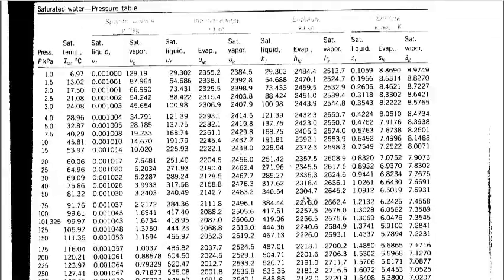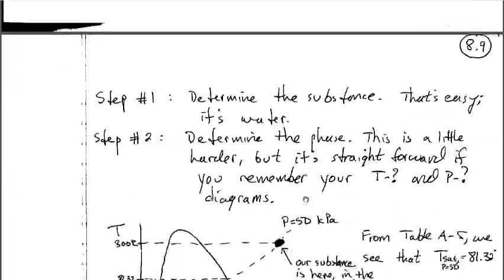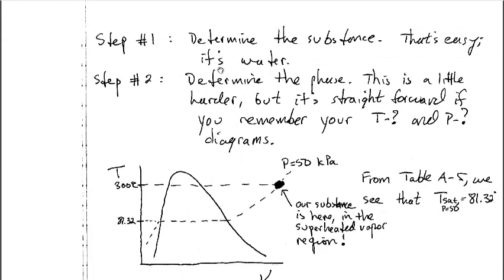So let's use our example of 50 kPa, 300 degrees Celsius. First of all, step number one, determine the substance. Well, I told you it's water, so that's easy. The substance is water. But again, let me remind you that if you're told that the substance is water, use the water tables. Do not apply ideal gas behavior. We haven't learned about ideal gas behavior yet.